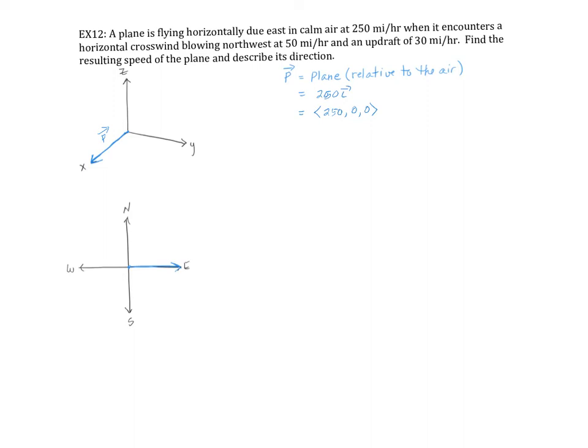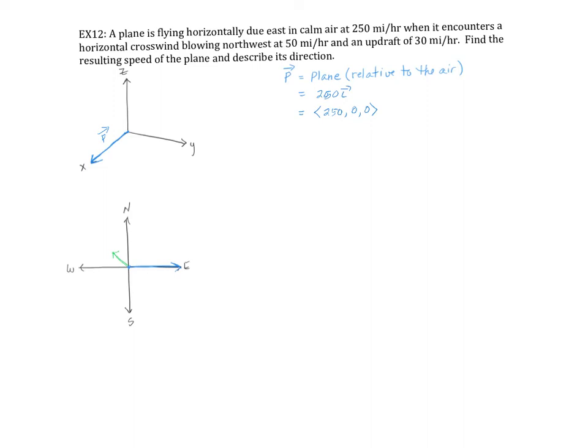So this plane is going to encounter a horizontal crosswind blowing northwest. Okay, so I'm going to go back to my two-dimensional diagram, and I'm going to draw northwest. So remember, northwest is halfway between north and west.